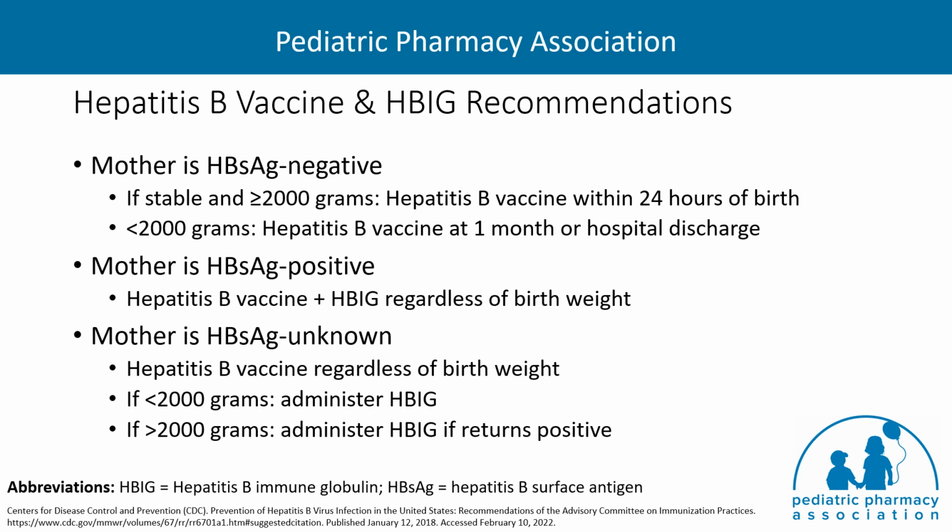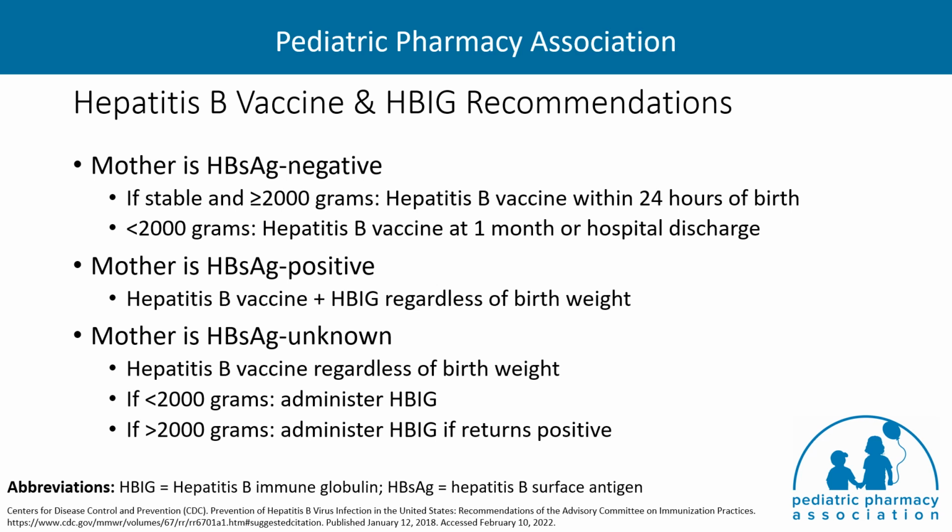So what if we don't have the prenatal testing, or we have an infant surrender situation, and results aren't available? Those babies fall in the hepatitis B surface antigen unknown category. For these neonates, they should receive the hepatitis B vaccine regardless of birth weight. But what about immune globulin if we don't have that surface antigen result?